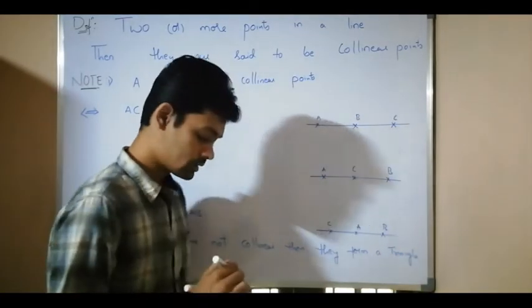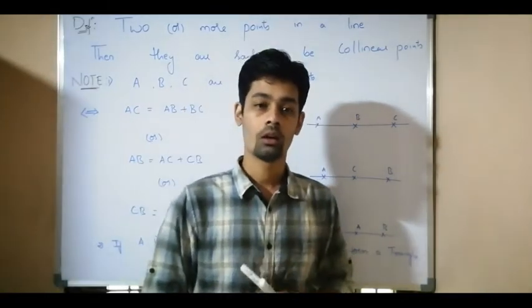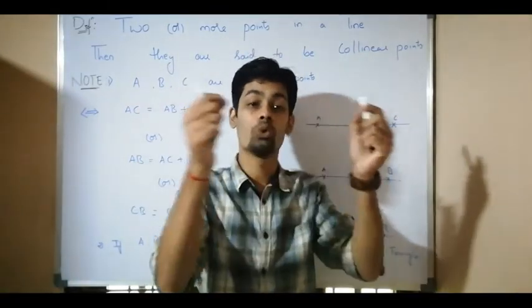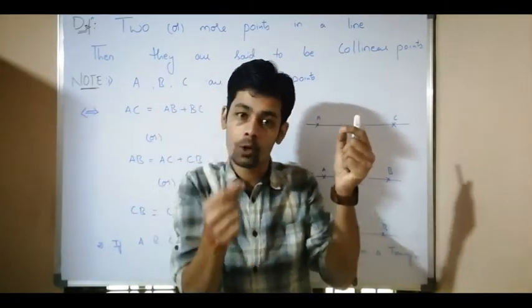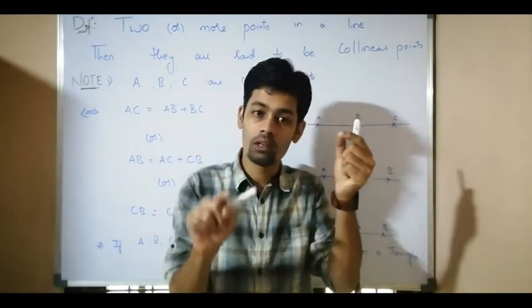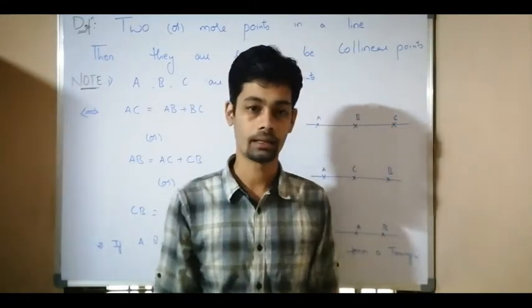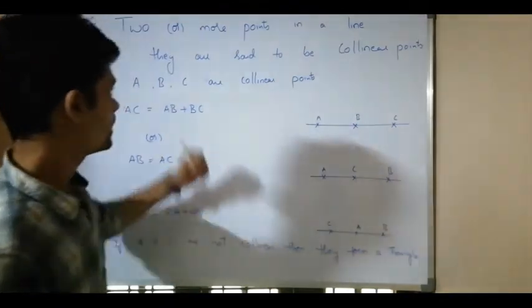If the 3 points are not on a same line, means I can join 2 points on one line and the third point will be on another, they will form a triangle.